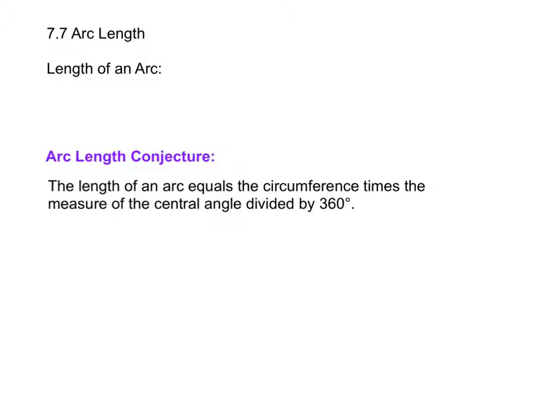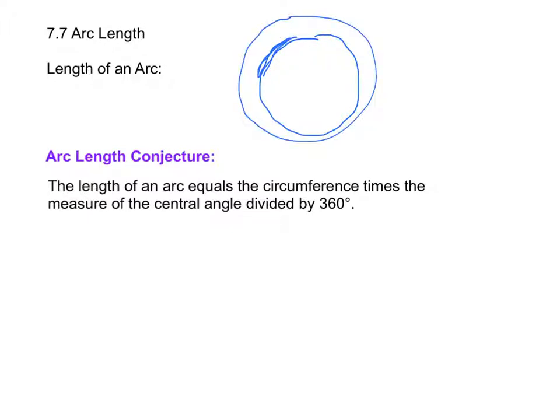To find the length of an arc, also called arc length, you take some fraction of the circumference of its circle, because essentially an arc is a fraction of the whole length around. For example, if we have a semicircle as an arc, that's going to be 1/2 of the circumference. Then we have our arc length conjecture, which says that the length of an arc equals the circumference times the measure of the central angle, from here to here, divided by 360.